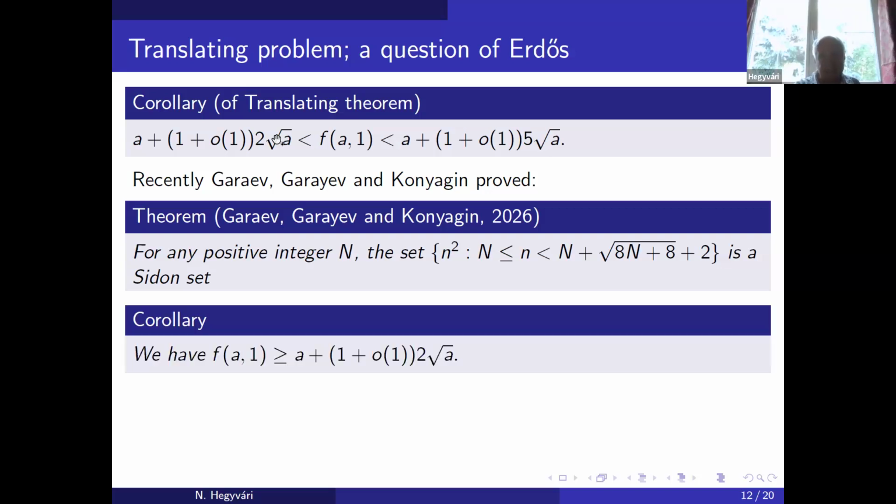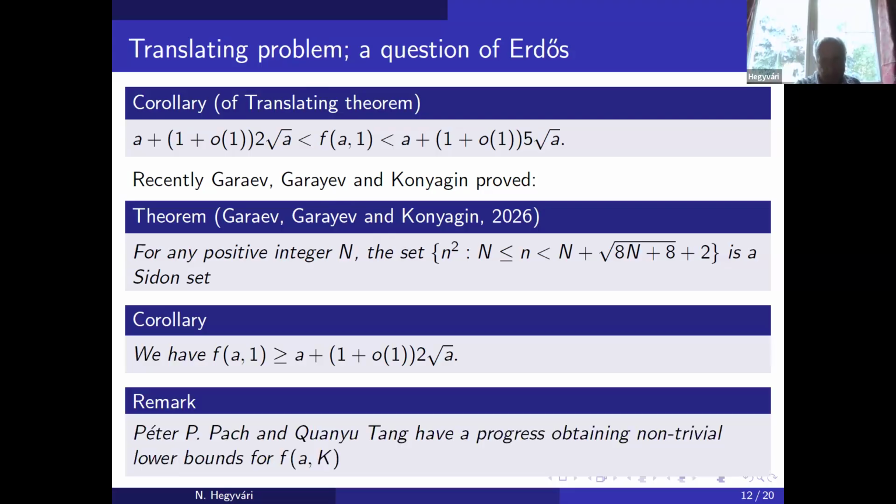I observed that from this theorem, one can calculate the same bound as I obtained later. I should mention here an important thing, that Peter Pach and Kuan-Yu Tang made progress obtaining non-trivial lower bounds for F(A,K). Unfortunately, it is not exponential.